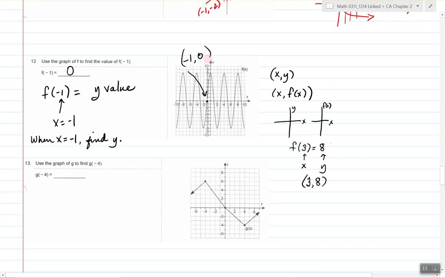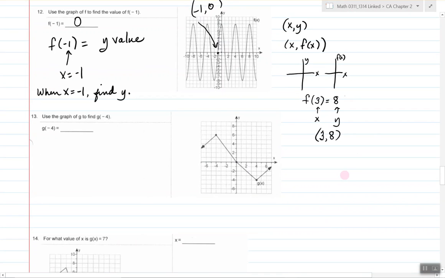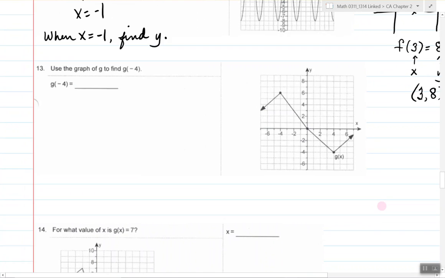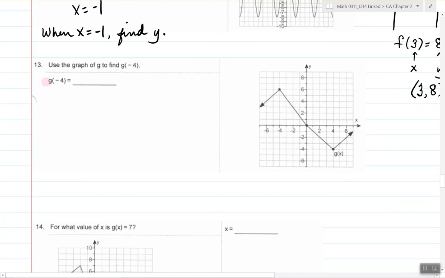All right, let's look at the next one. This just takes a little bit of getting used to. When they say g of negative 4 is, they're saying if x is negative 4, find the corresponding function value. So you're going to find the y.